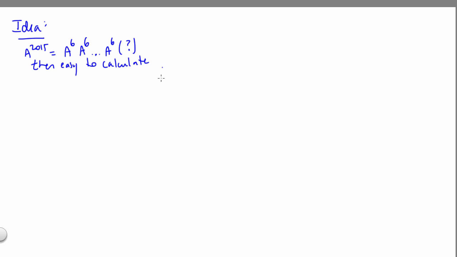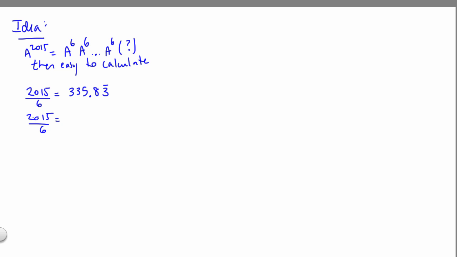So I've just recopied our basic idea from the previous screen, and let's see how we can write out this product. So first of all, I'm going to think about what happens if I divide 2015 by 6. Using a calculator, you're going to get something like 335.83 repeating.